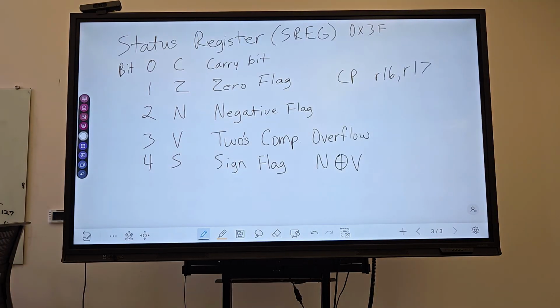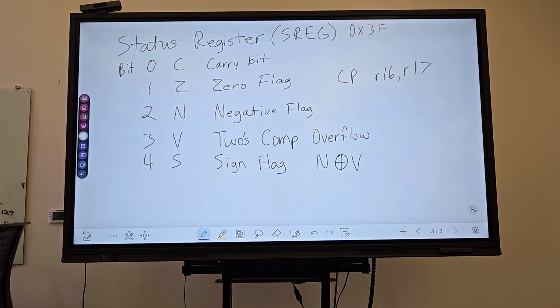If the negative flag and the 2's complement flag are the same, then the result is not a valid negative number, or it's not a negative number at all. The S flag will be set if the result is a valid negative number, something that you can use.